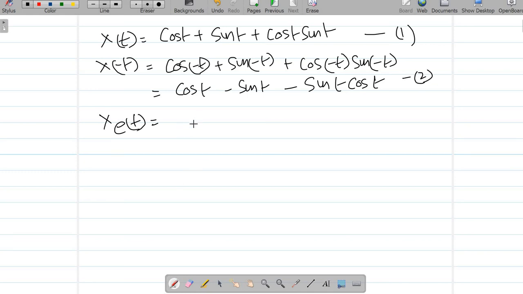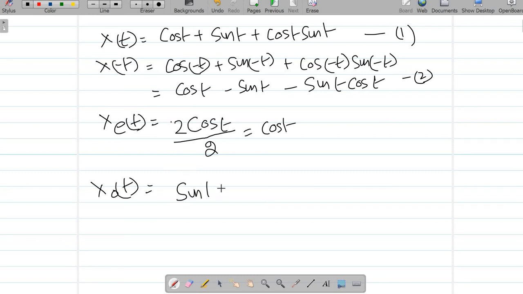If I add up 1 plus 2, I get 2 cos t divided by 2, which is nothing but cos t. For the odd part of the signal, it is 1 minus 2 divided by 2. When I do that, I end up getting sin t plus cos t sin t. So this is the result.